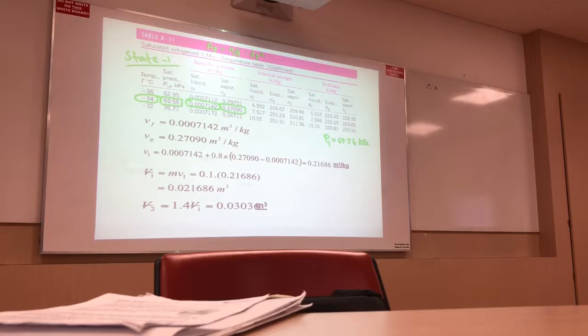I know Vf, I know Vg, I know specific volume at state 1. V1 equals Vf plus quality times Vg minus Vf. The total volume is mass times this, the total volume at state 1, and this one is 0.0366 meter cube, the total volume at state 2.